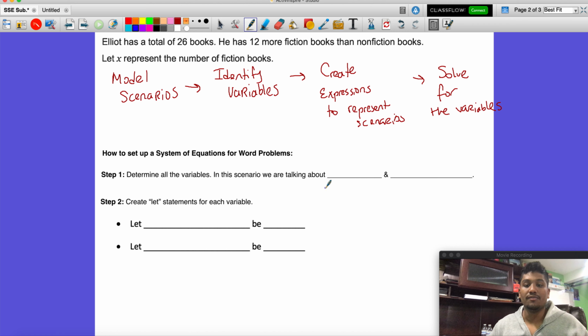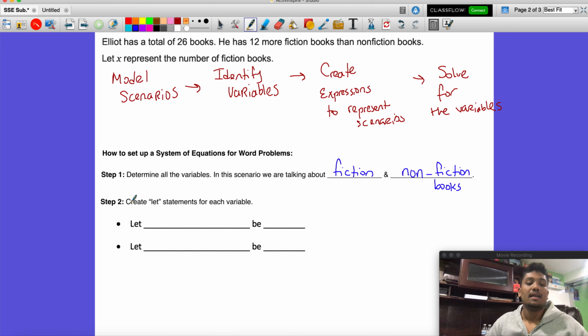Those are the variables that we're going to be talking about, because we don't know how many books he has that are fiction or nonfiction. We just know that there's 26 of them. We know that he has way more of one than the other, but we don't know exactly how much it is. So that's exactly our variables right there. We're going to say fiction and nonfiction books. Okay, I'll just write that in the bottom here.